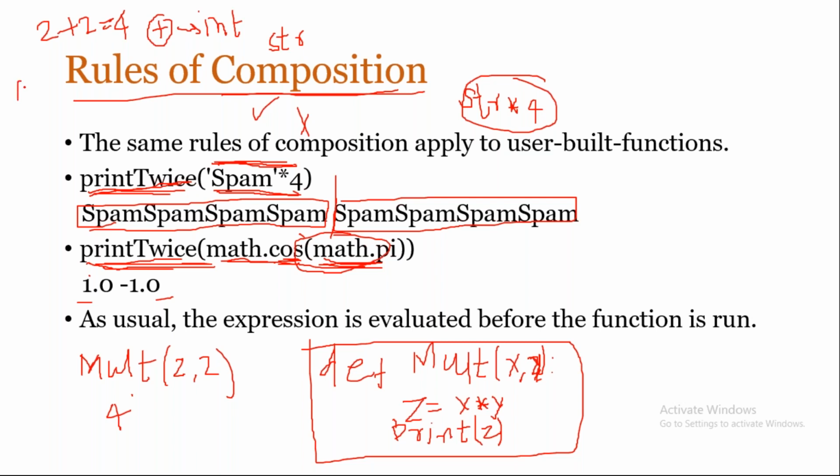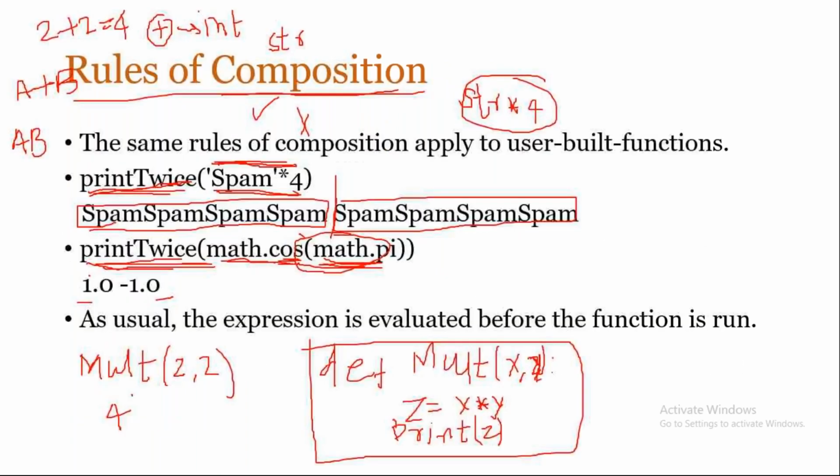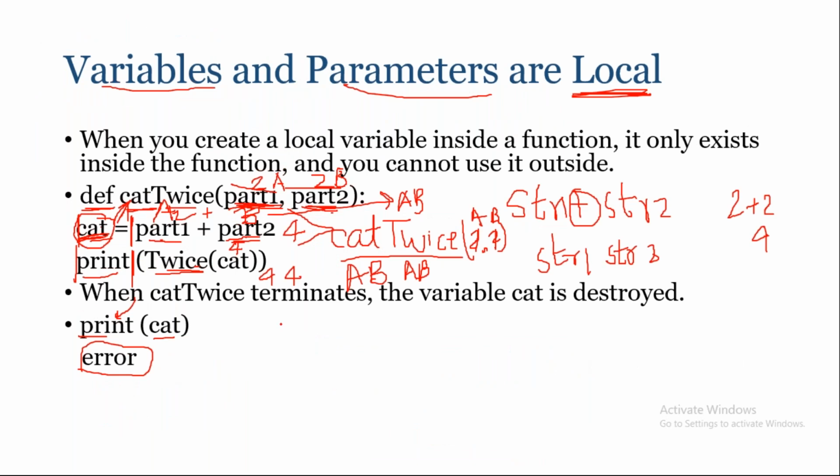But if you are putting the plus operator over strings, it simply concatenates, meaning it simply joins these two things, so it will give you ab. Hence in the previous function that we're talking about here, I think he's talking about this part, if I'm putting a plus b, I'll get ab because these two are strings, a and b.